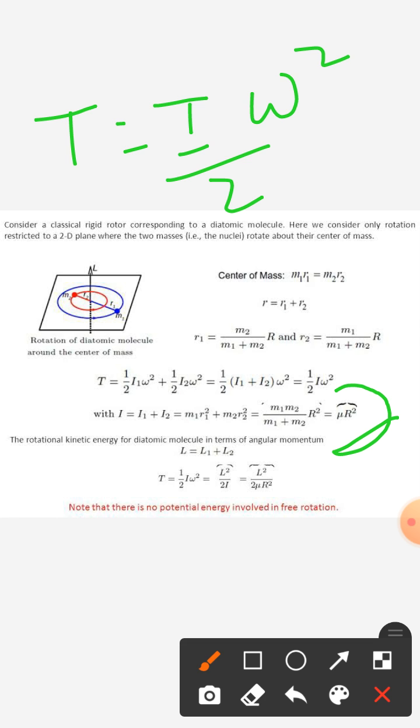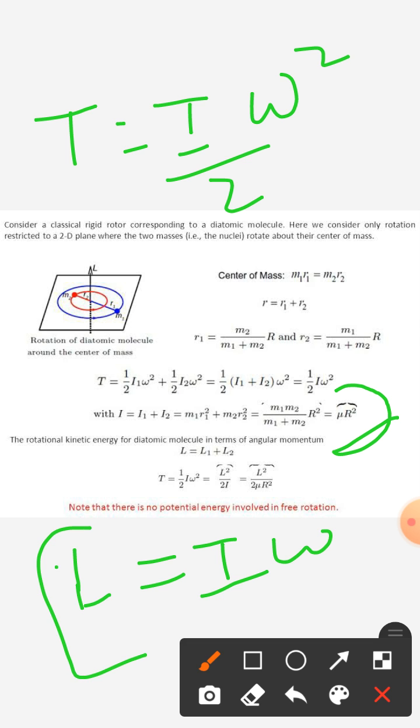And we can change this using L equals I omega. So by multiplying on both sides, we can substitute I in terms of angular momentum L.